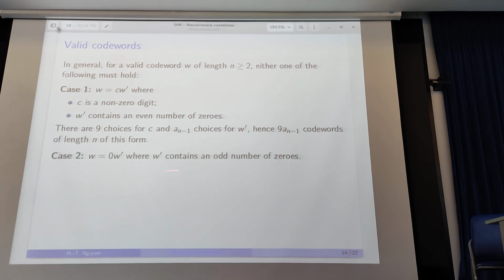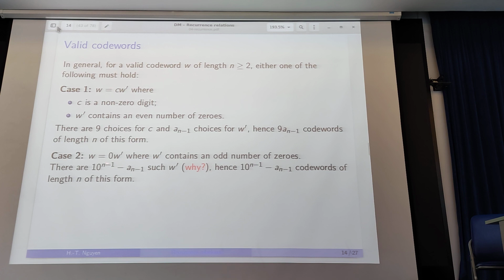So the number of words which are not valid, this number we want to compute, must be the complement of this. So you take the total number of words of length n-1, you subtract the number of valid code words, and what you get here is the number of invalid code words.